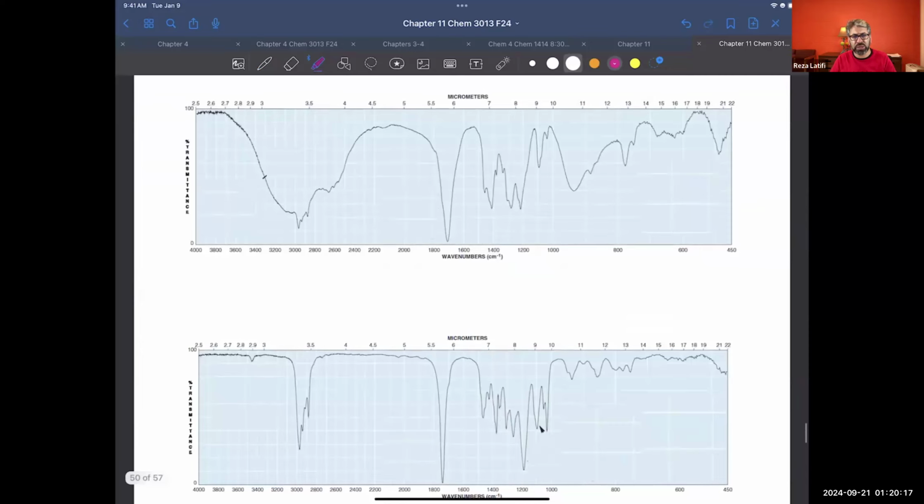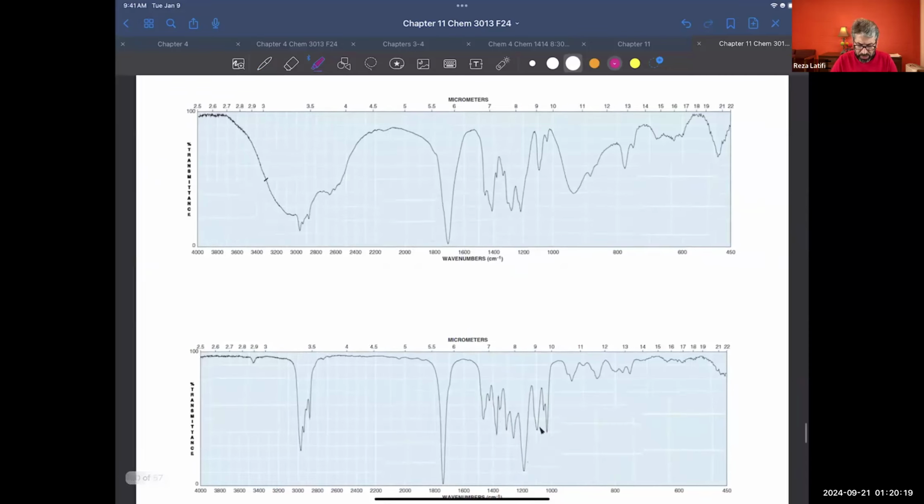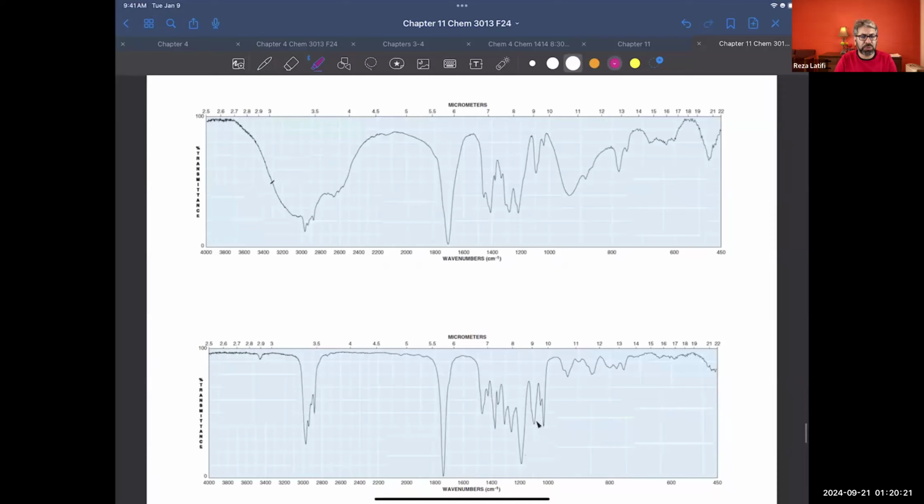So in this case, I have two spectra, and I'm going to try to highlight the functional groups here. The first one, I'm going to find 1500, and this is 1500. Let's just go until here. Higher than 1500, I will try to highlight the main peaks that I have.